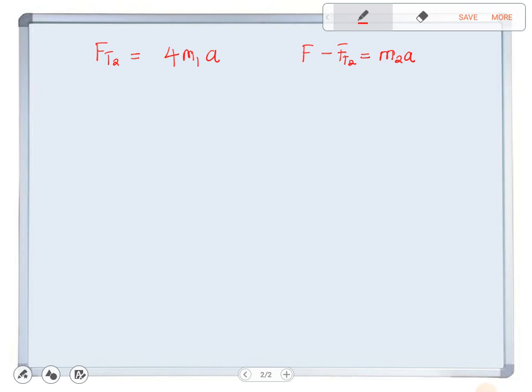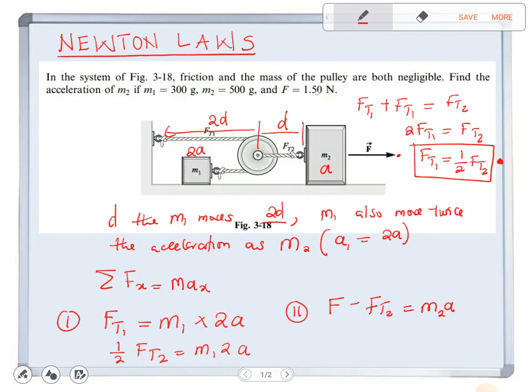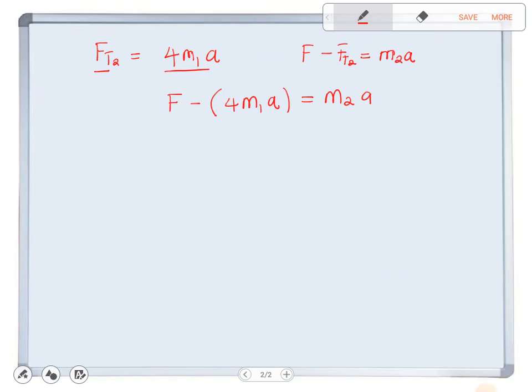So now, what do we need? We can substitute, since FT2 is equal to this. Here we're going to say F minus, open brackets, 4M1A, is equal to M2A. M1 and M2, we know them. Even F has been given to be 1.5. So we can now start substituting.